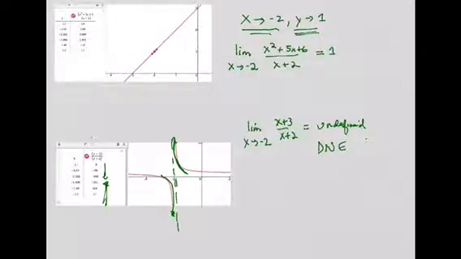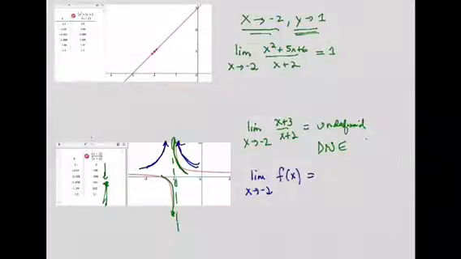If we had a different function, and both the left-hand side of -2 and the right-hand side of -2 went to positive infinity, then I could actually say, and this is some different function that I'm dealing with, I don't know what it is, but we would say that it goes to positive infinity because they go in the same direction.